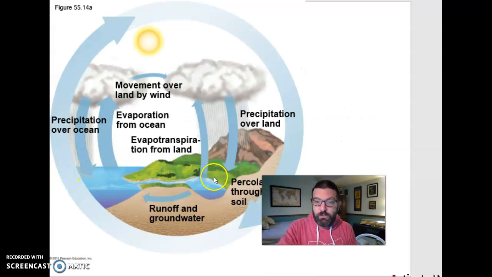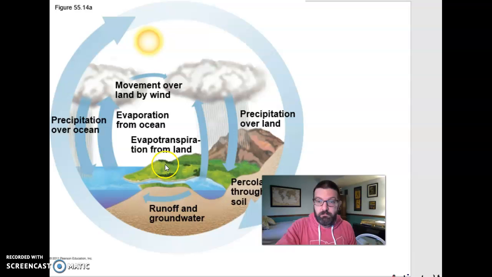Water in oceans or lakes or rivers, bodies of water, especially the ocean because it's so huge, tends to move from those reservoirs through evaporation, becomes clouds. Now it's in the atmosphere, it can move all over the place. Those clouds are condensed water, and when they become dense enough, they drop the water over the land.